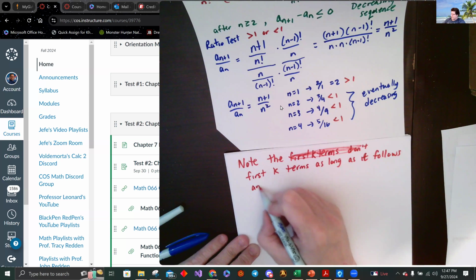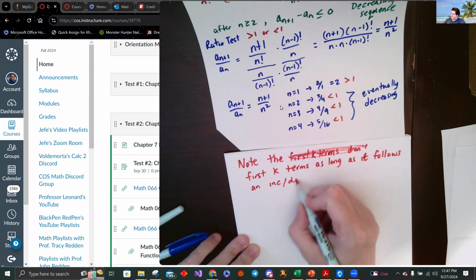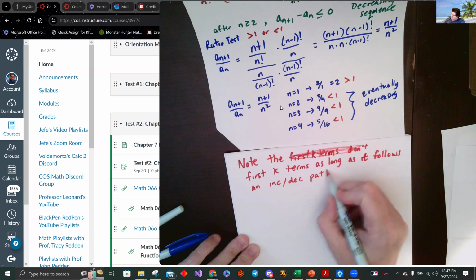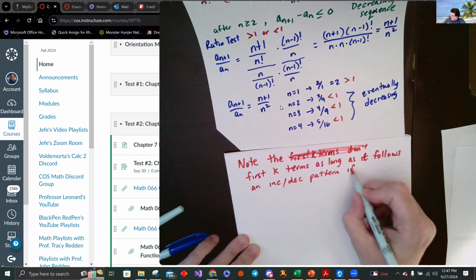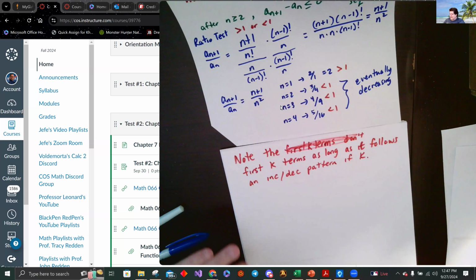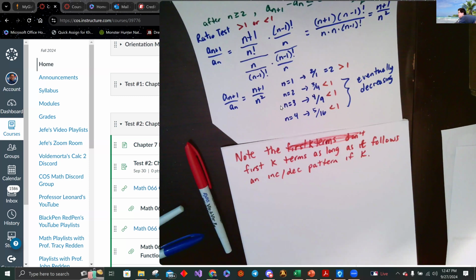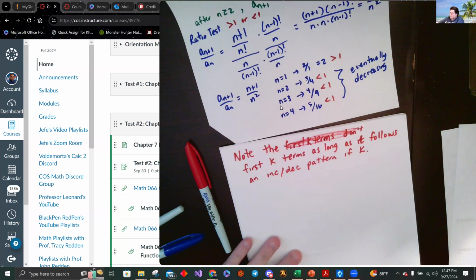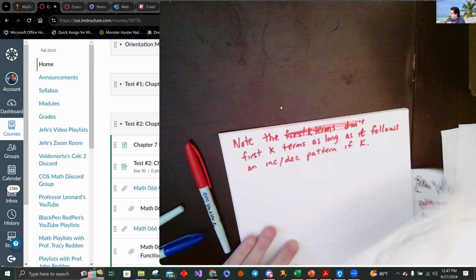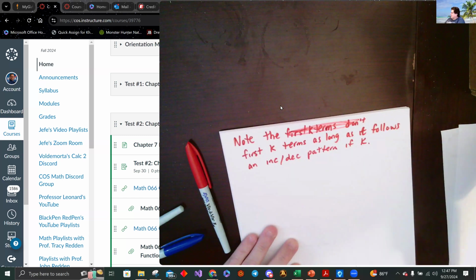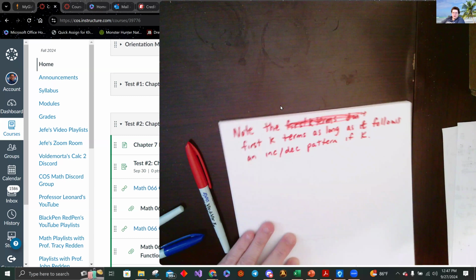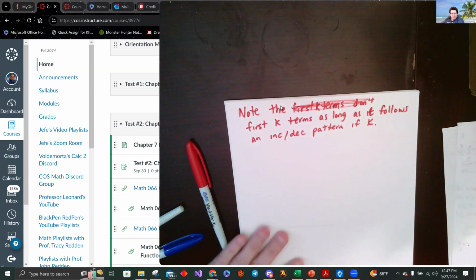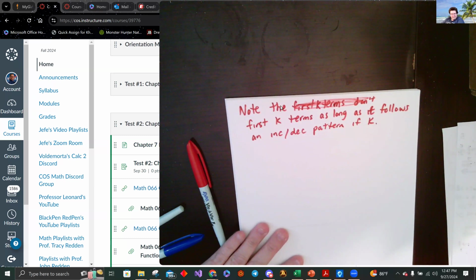An increasing or decreasing pattern after k. Here, k was 2. But it could go up to like 1,000. We could go up to 1,000 terms. We could go up to 10,000 terms. As long as eventually it starts going the other way, it has a limit.